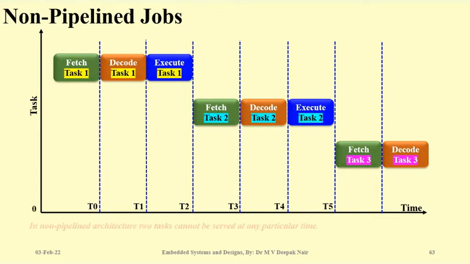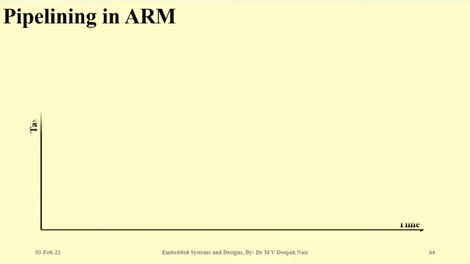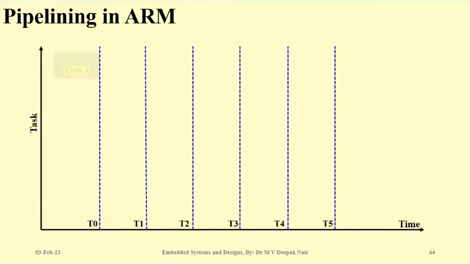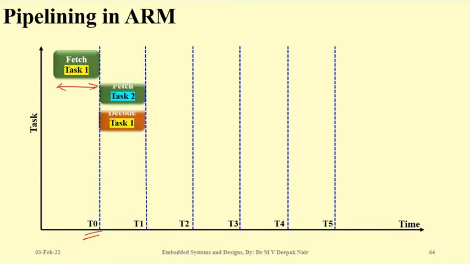Let us look at a pipelined system, so that we can compare how efficiently we can manage different things. In this case, of course, time T0 will be taken to fetch task 1. But in the next time, T0 to T1, fetching is going on for task 2.